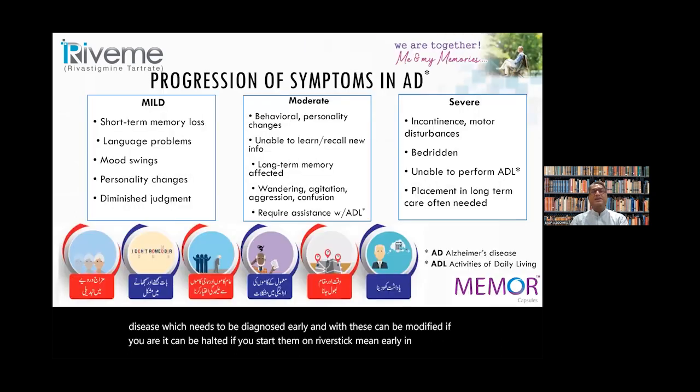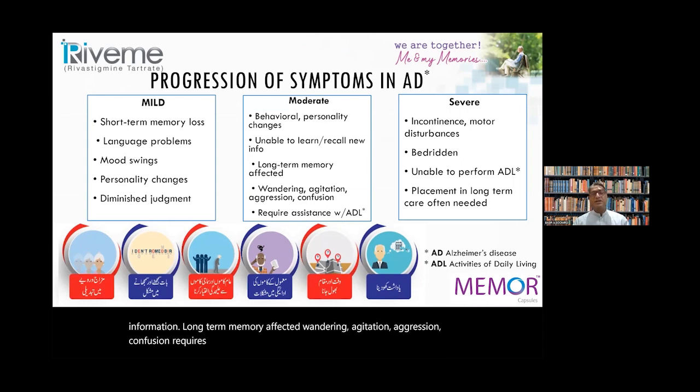So the progression of symptoms in Alzheimer's disease is mild, moderate and severe. Mild is short-term memory loss, language problems, mood swings, personality changes and diminished judgment. The moderate stage has behavioral and personality changes, inability to learn or recall new information, long-term memory affected, wandering, agitation, aggression, confusion, and requires assistance.